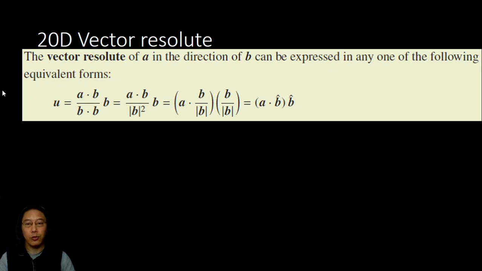Let's continue with the vector resolute or projection. Here you have that notation, which is what we've seen in the previous slide. Here it's rearranged to regroup the vector B over its magnitude. When you have your vector B and you divide by its own magnitude, you end up with a unit vector.